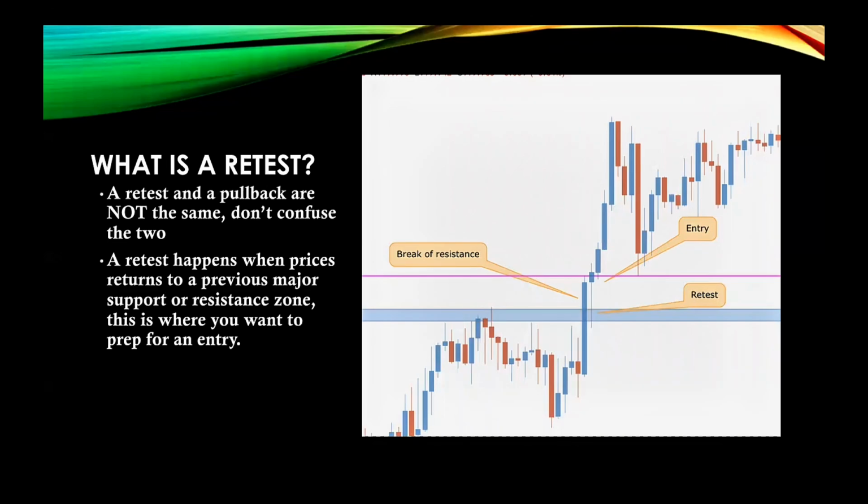I'm sorry, we have our breakout. Then we have our retest, so the retest is the wick. Most of the time, when you see a retest, it will have a wick attached to it, because wicks indicate indecision. They indicate rejection. So we have our break, we have our retest, and then we enter. That's how it goes. Break first, retest second, entry.